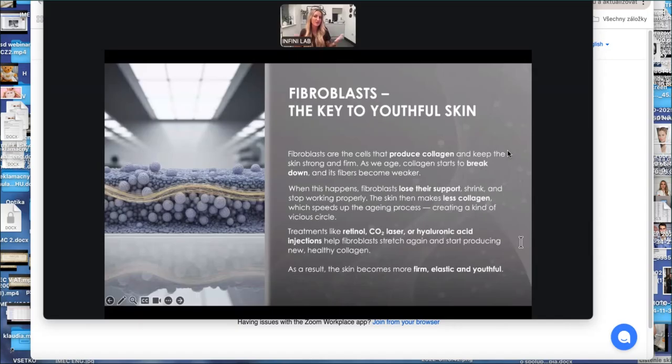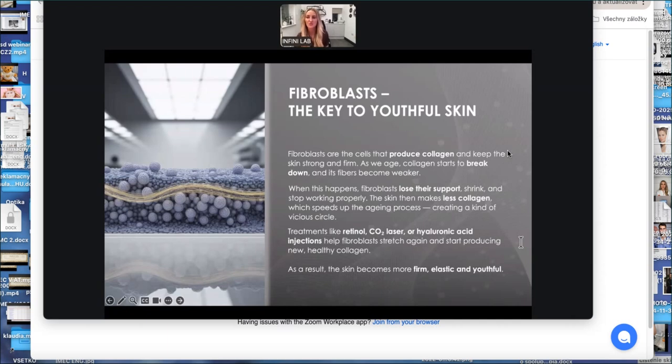Fibroblasts, if someone needs a little refresher, are cells which with age become, if we compare it like a grape and a raisin, I'm talking here about dehydration of the cell. This is more or less the process that happened to our fibroblasts. They become shrunken and not very productive.